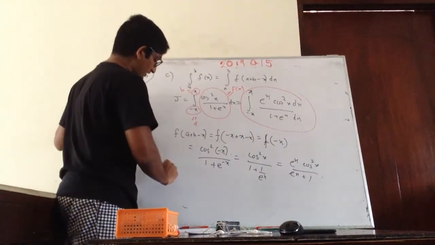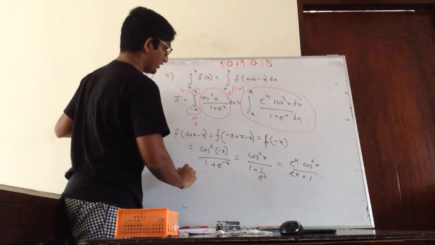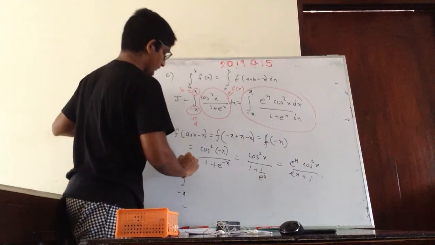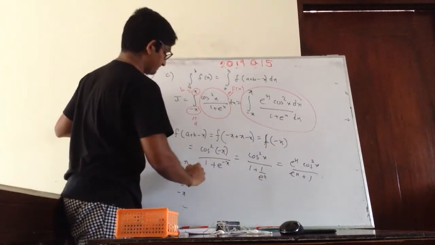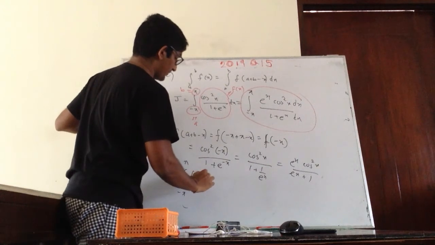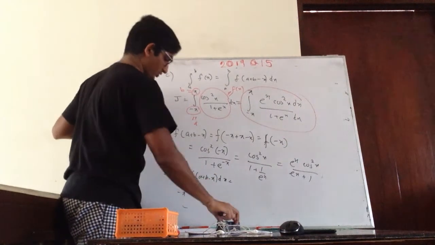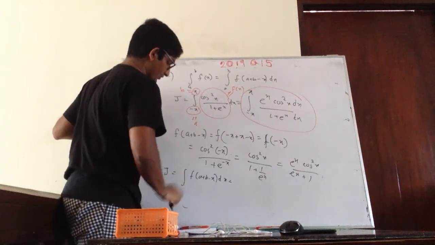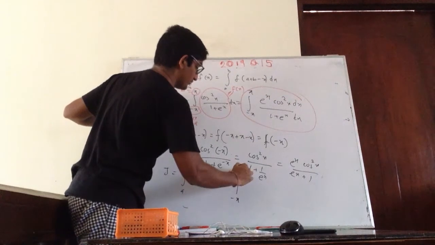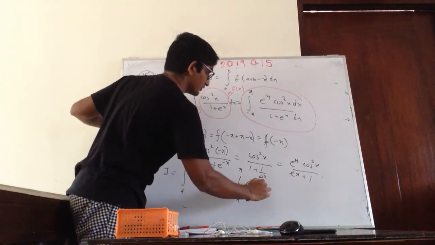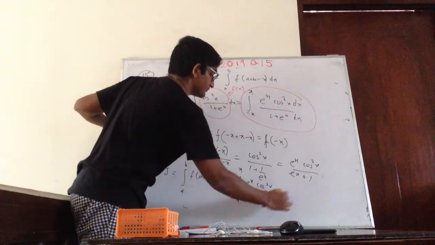So then you can say J is equal to the integral of f(a plus b minus x) dx, which is the integral from minus 5 to 5 of e to the x cos squared x over 1 plus e to the x.